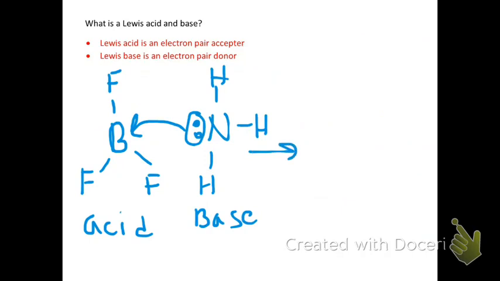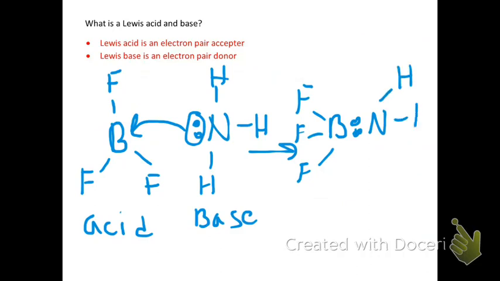So we form a molecule that looks something like this, where we have those lone pair of electrons donated by the ammonia, like so. And again, those are the two donated electrons from the nitrogen to form this bond. Alright? So again, this is a couple of examples of Lewis acids and bases.